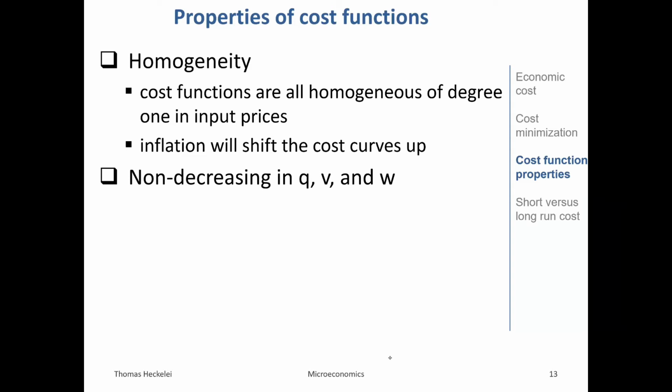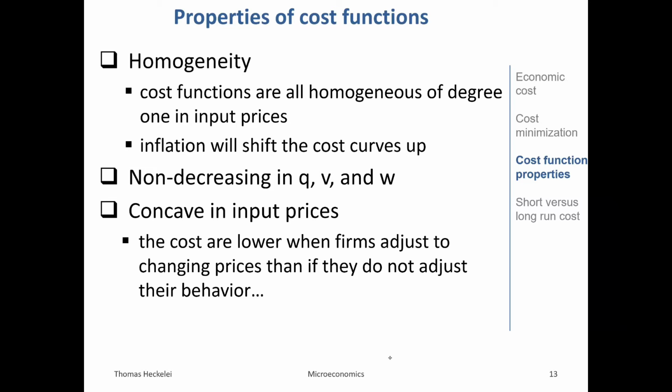Similar thing for input prices. If there is a lower cost for given higher input prices, then obviously you were not minimizing your cost in the first place. So you have to go back to your Lagrange setup and check step by step to see what's wrong. So if you find decreasing cost in these arguments, then it's a contradiction to your model setup.